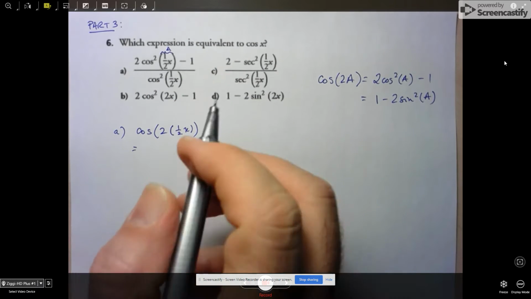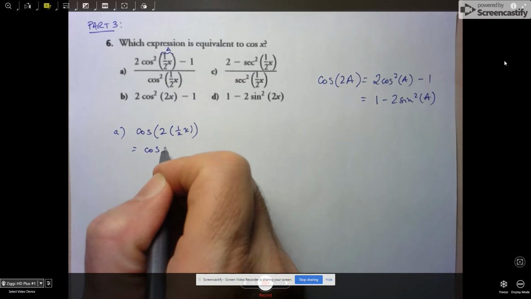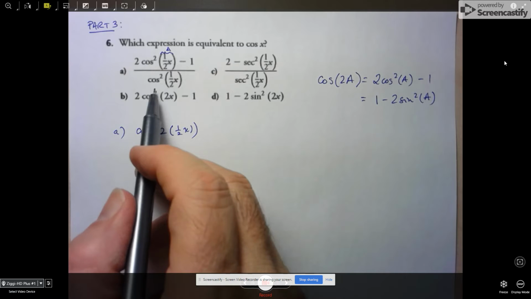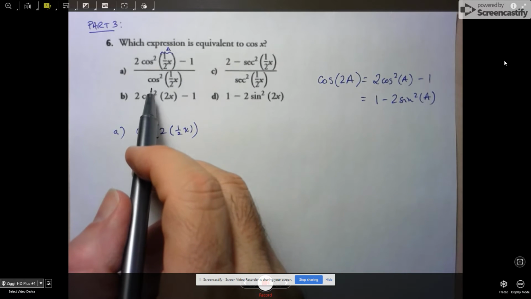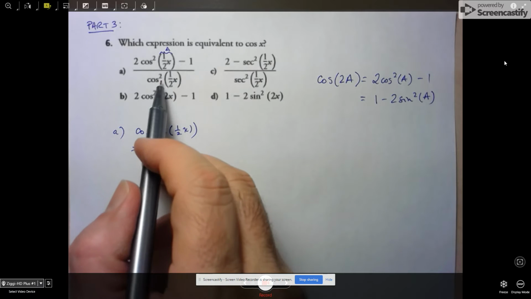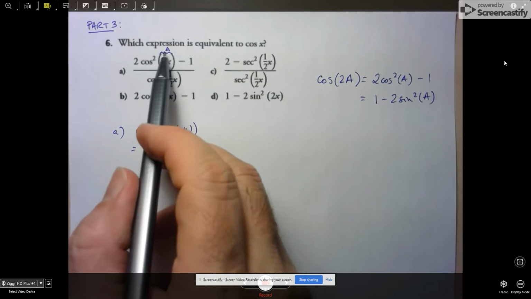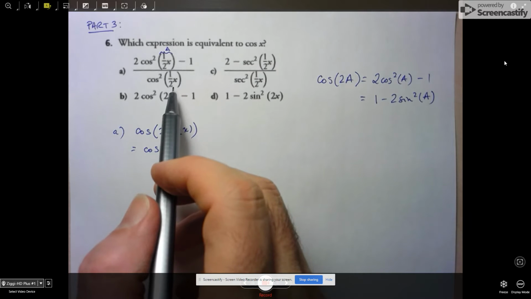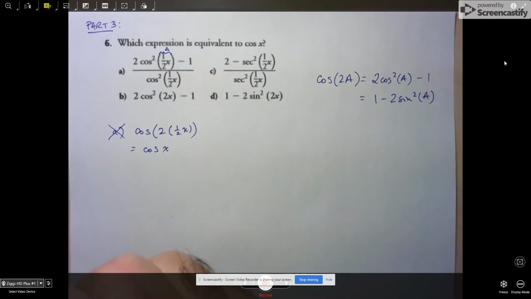When I simplify that, I end up with cos of x. Except I have this denominator portion, which clearly is not equal to 1. I would need this denominator to be equal to 1 in order for the whole thing to be equal to cos x, and there's no reason to believe that's true. So I think A is out of the picture.